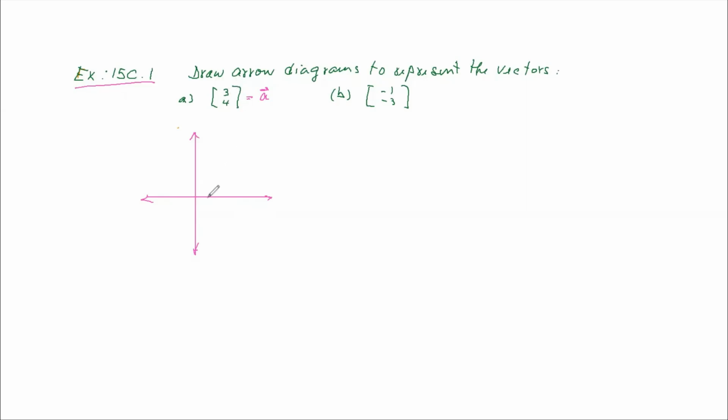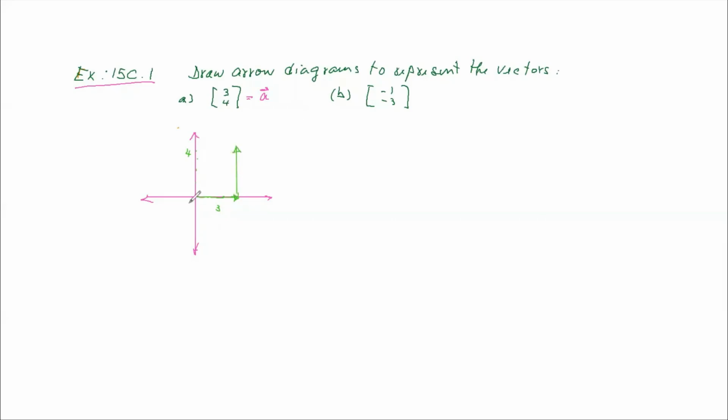So you count 1, 2, 3, correct? 1, 2, 3 here. So you draw this one, and with the arrow side, you must have the arrow. So you can write down this 3 and go up 4, right? So 1, 2, 3, 4, maybe about here. Okay. So then you go up, draw this one up here, and then with the arrow side.